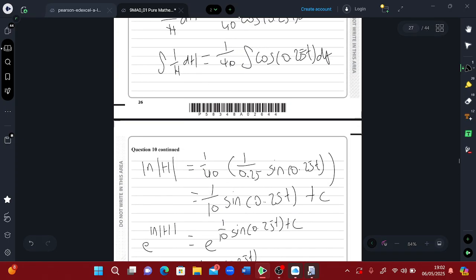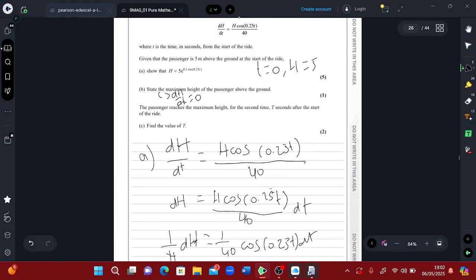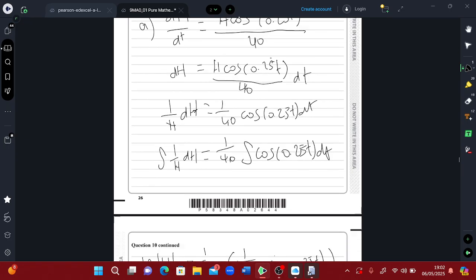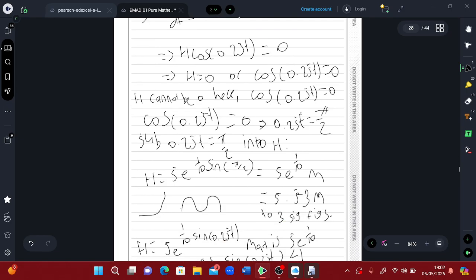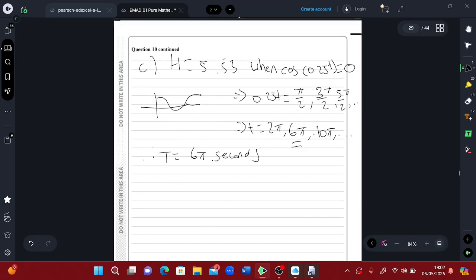So it's simple trig solving, but it's only 2 marks. So that should be it. I don't know if they want it in decimal form. I guess you can, but that's pretty exact. You wouldn't get penalised if you give the exact form and the decimal approximation just to cover your back.